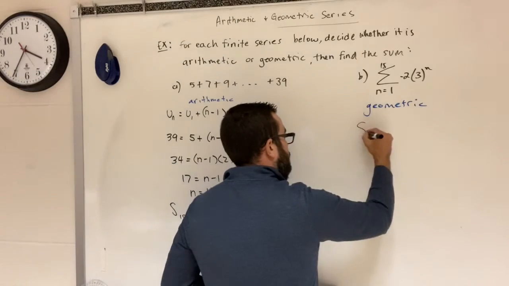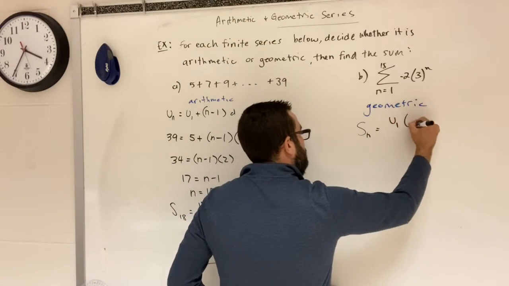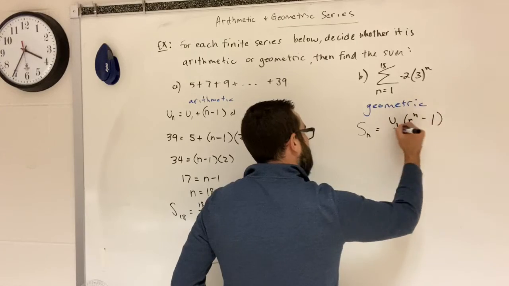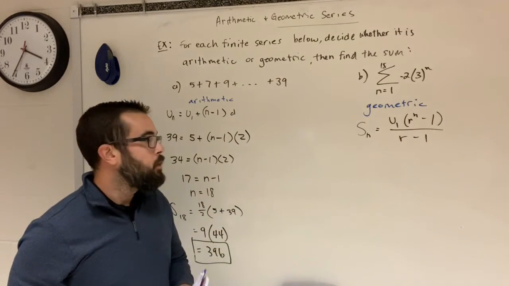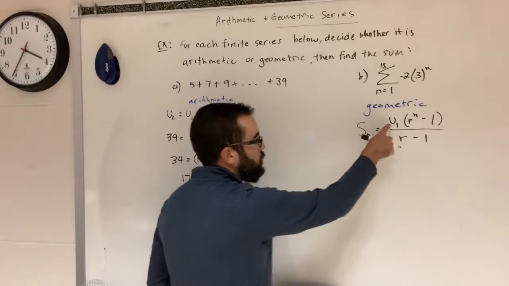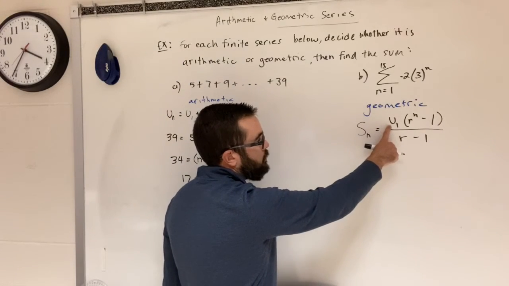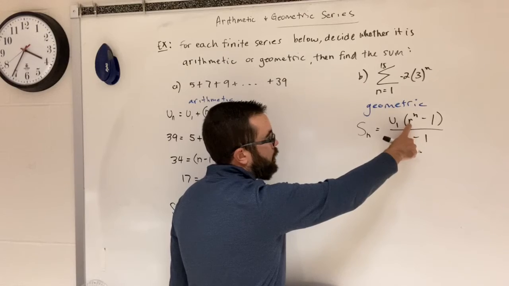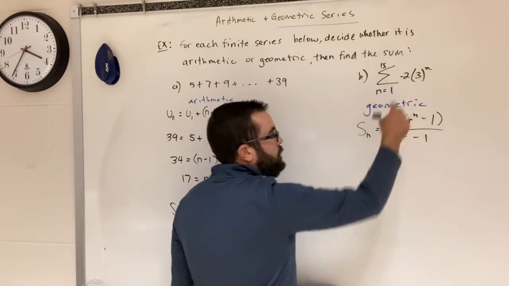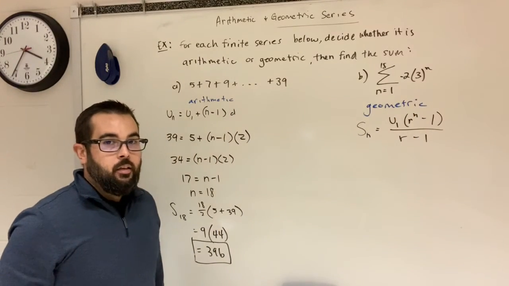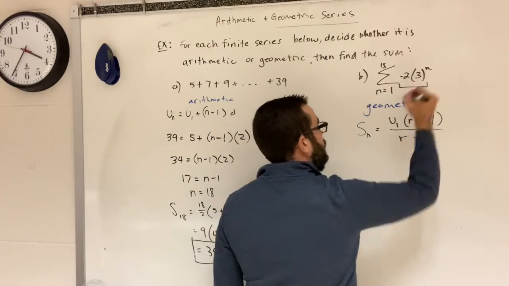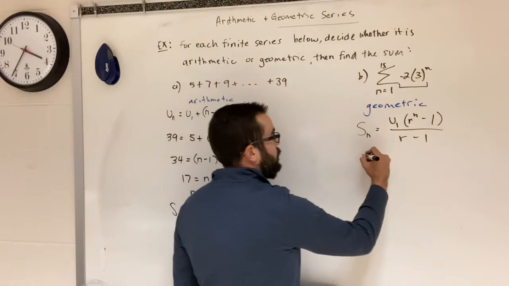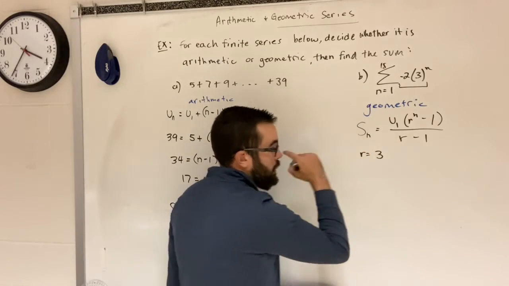So again, the formula looks like this. So let's see what we have. Do we know u sub 1? We do not. Do we know the common ratio? We do if we know how to look at this equation, this form right here. Okay, the common ratio is 3.